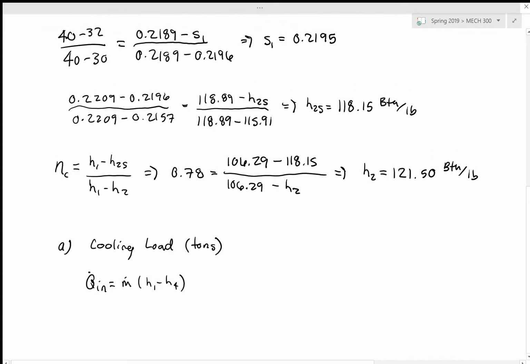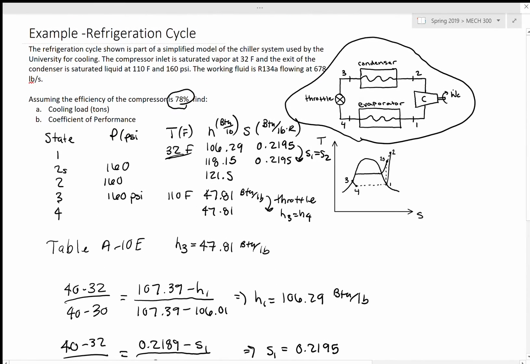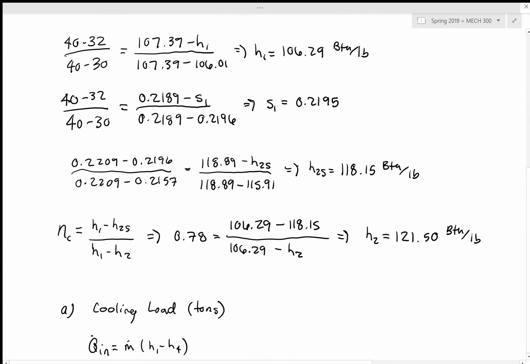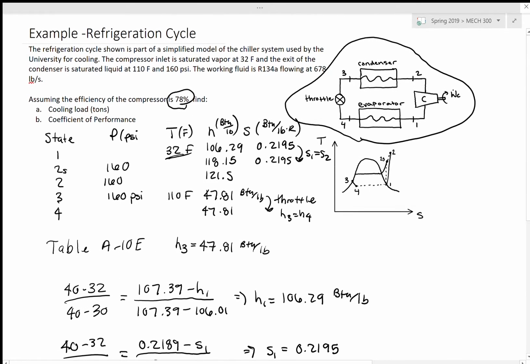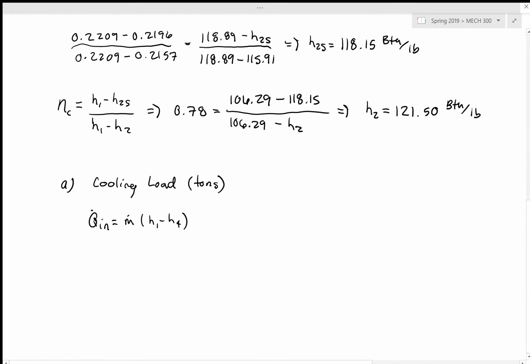We just found our H1 and H4, and our m dot is given to us as 678 pounds per second. So we have everything we need to solve for this.